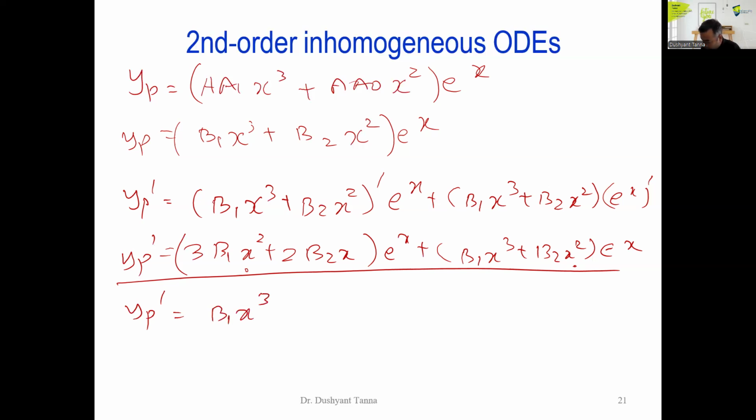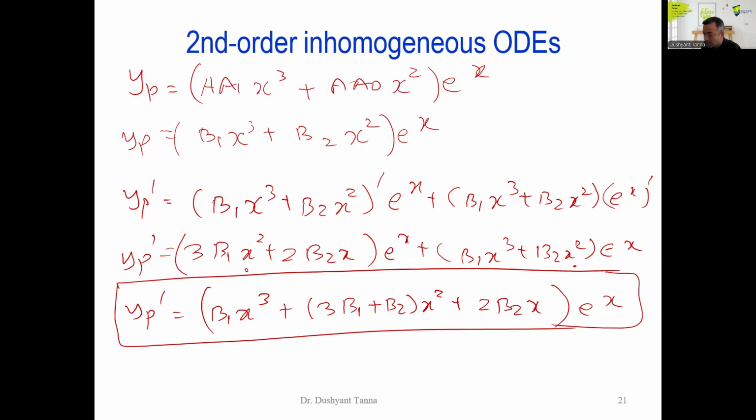Let's write that one. 3b1 plus b2 x squared plus 2b2x. See, there is no straight method of doing it. I can't say that this is the yp dash. You do your way. As long as you are having yp dash, yp double dash, put it back in the question, you'll be fine, right? Okay, I'll have to write it in the next step.